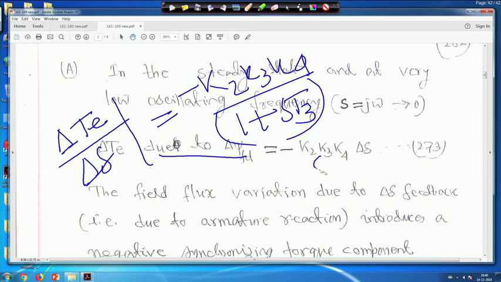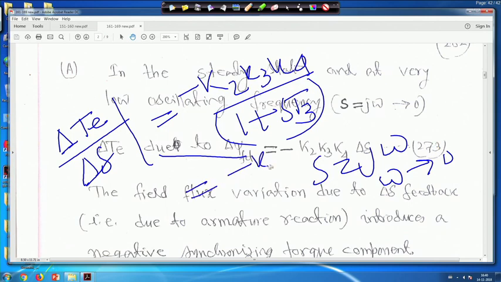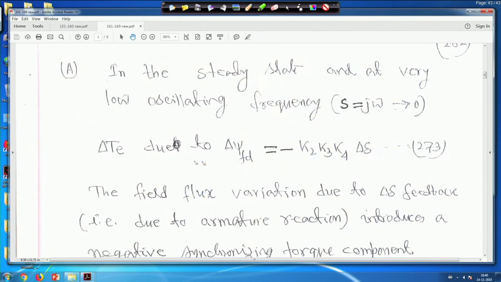Now, s is equal to jω, and for very low frequency ω tends to 0. So, this term will become basically minus K2 K3 K4. Therefore, we can write ΔT due to Δψfd will be minus K2 K3 K4 into Δδ. This is equation 273.